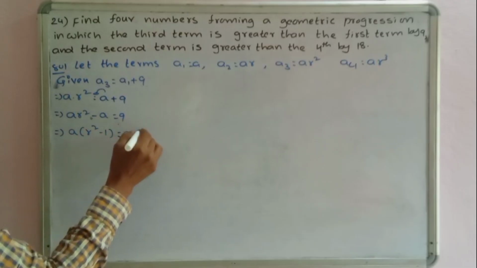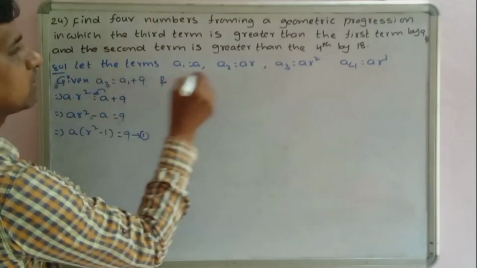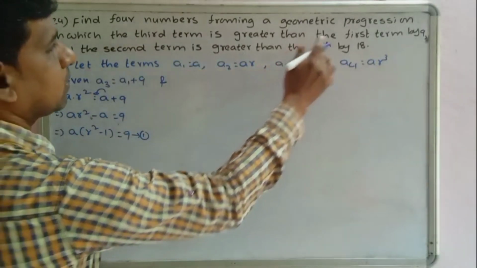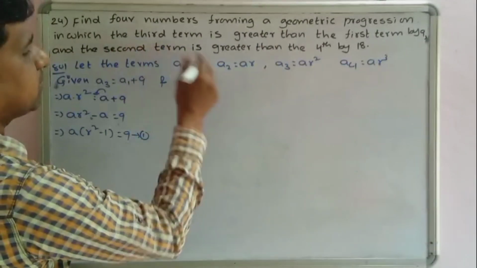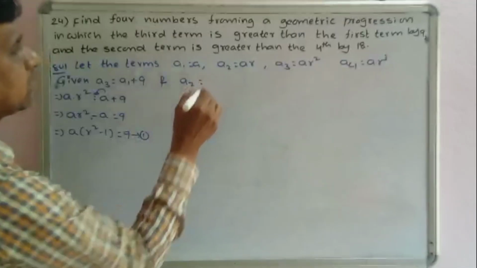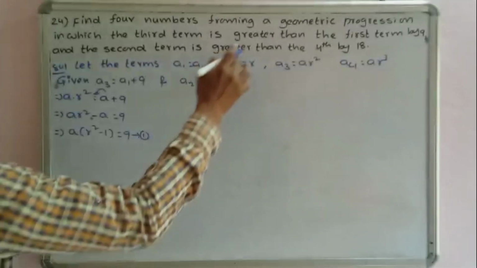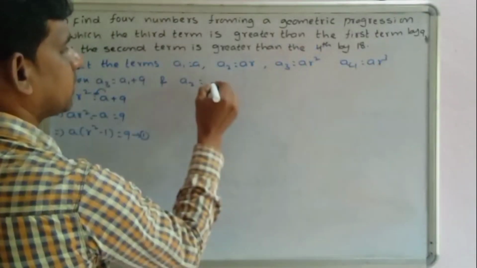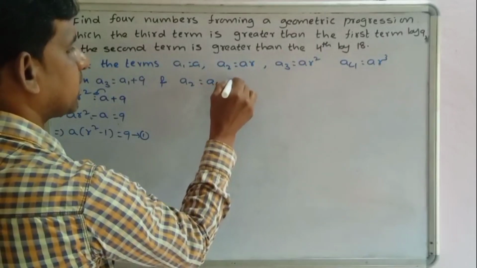Say it is 1. See the second one. The second term, that means a2, is greater than the fourth by 18, that means a4 plus 18.